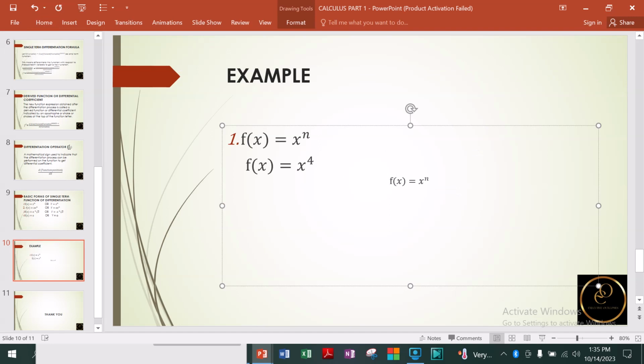In this particular case, we have this 4, which is going to be reduced by 1.